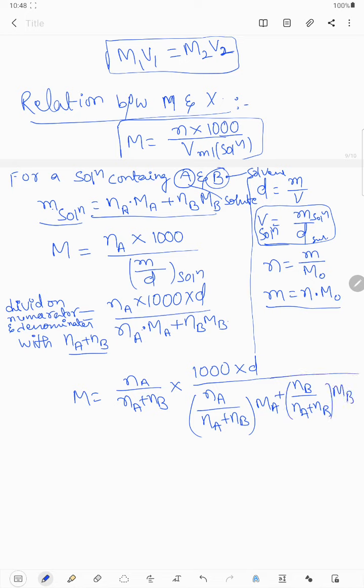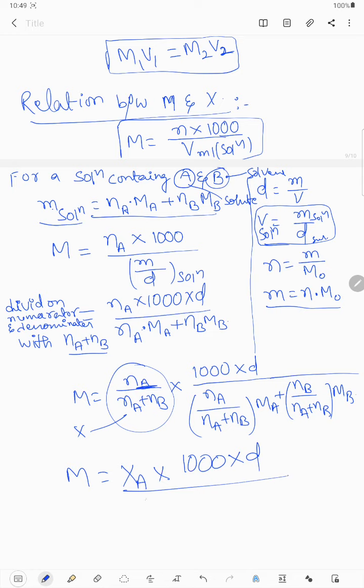Now the final molarity equals mole fraction of A into 1000 into D divided by mole fraction of A, Xa, into molecular mass of A plus Xb into molecular mass of B.